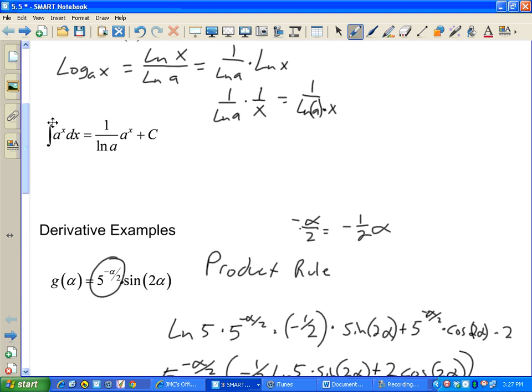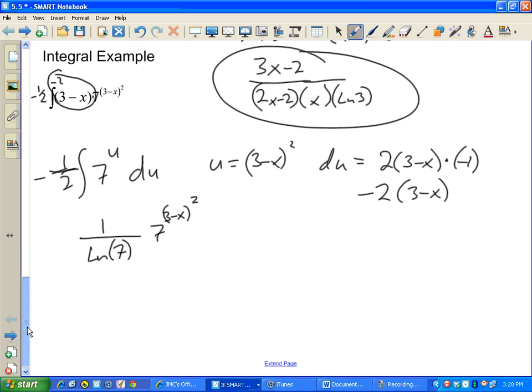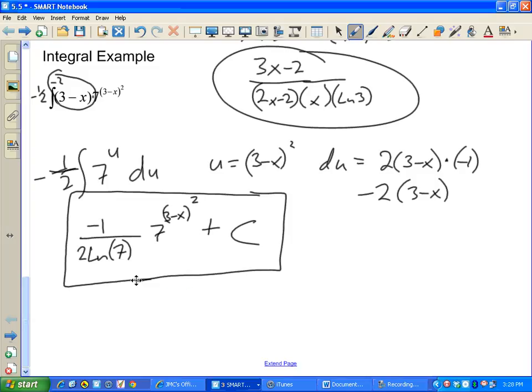All I did there was use this formula: took 1 over my base, multiplied by that. I involved u substitution in there also, so then I just need my constant of integration. Oh, don't forget your negative 1/2 that was up front here, so we'll make this negative and put a 2 there. So we get that, and that's my integral.